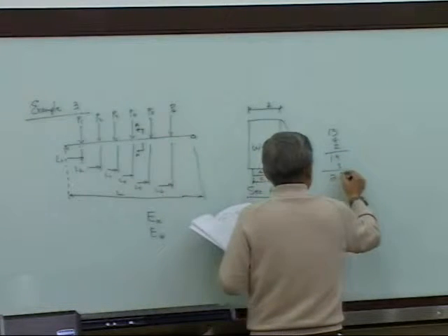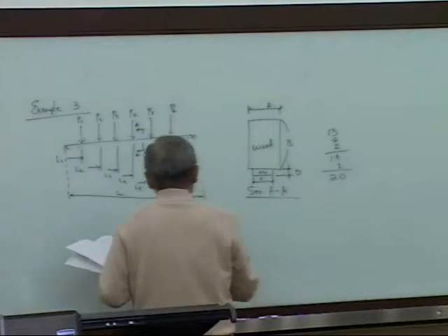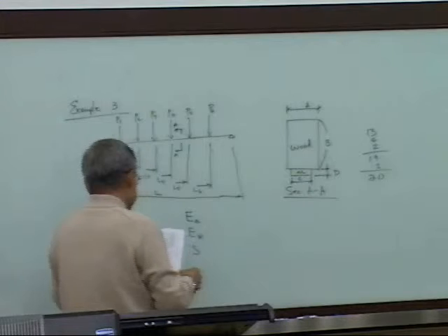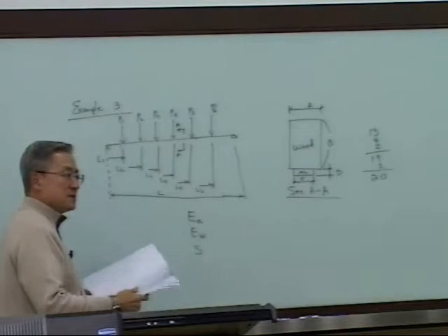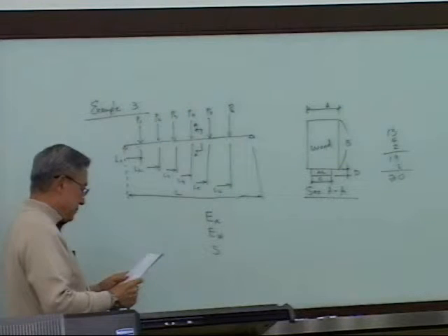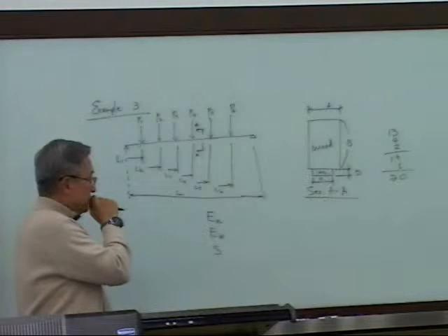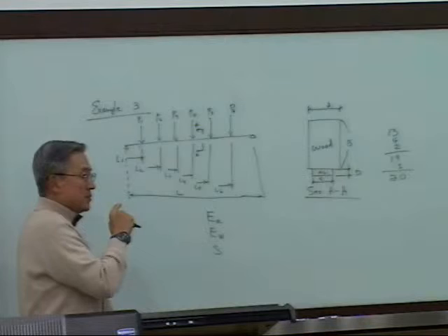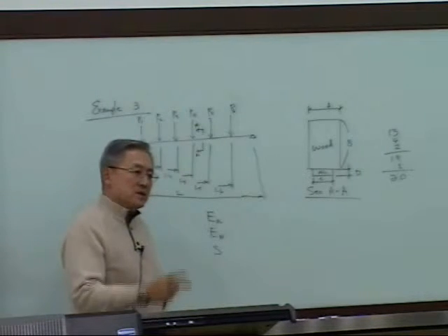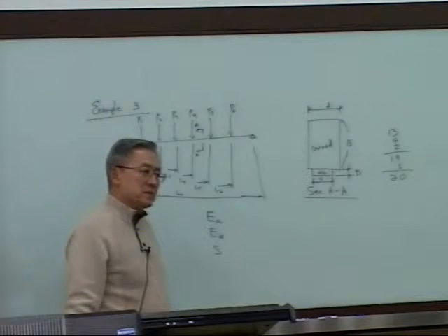One more is allowable stress. S is random. So total 20 random variables. And when I say it's a random variable, two quantities you have to define.